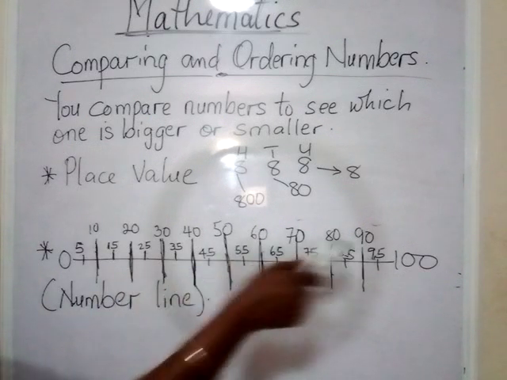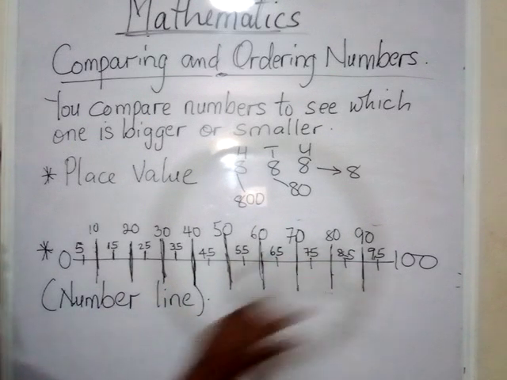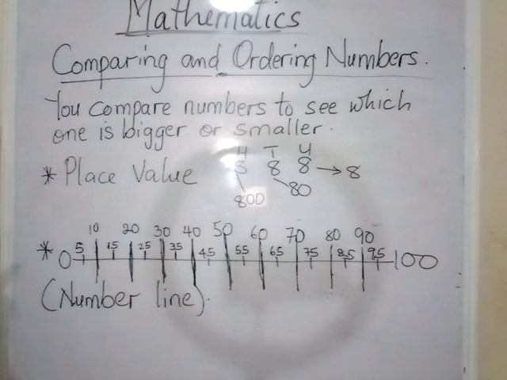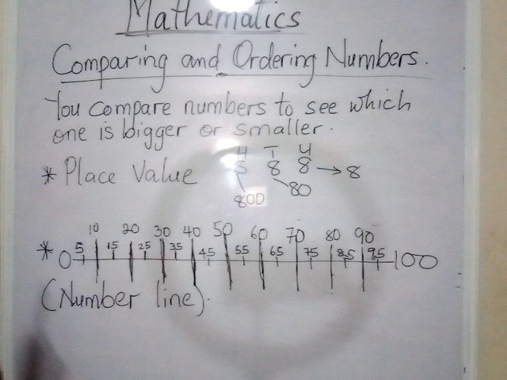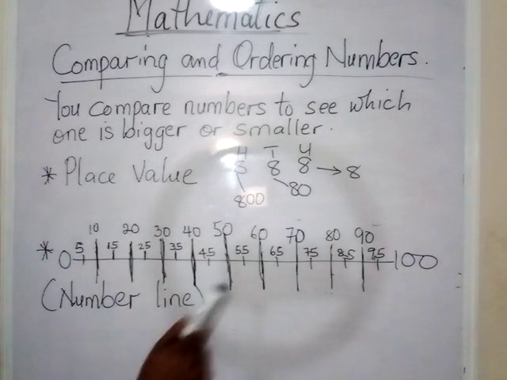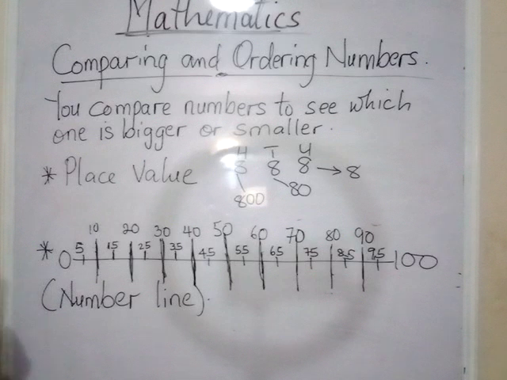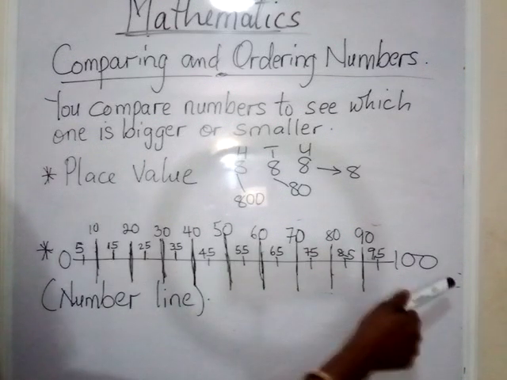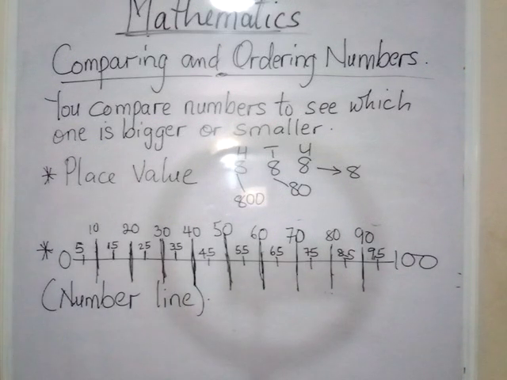And the closer a number is to 100, the bigger the number is. Remember, we are considering numbers from 0 to 100.